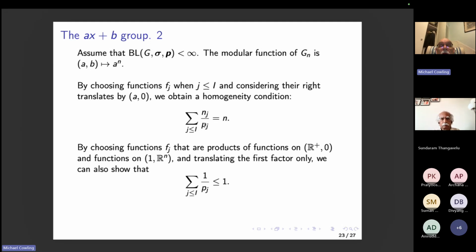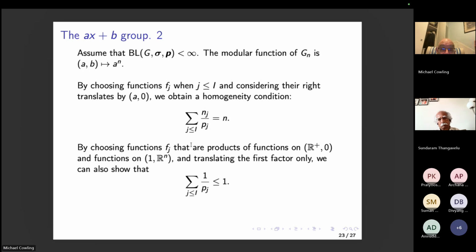But I'm getting powers on both sides, and I can say that I will only get an inequality if these powers match up on both sides. Otherwise, I could take a to be very close to 0, or a to be very close to infinity, and mess up the inequality. So I get a homogeneity condition, which is this.